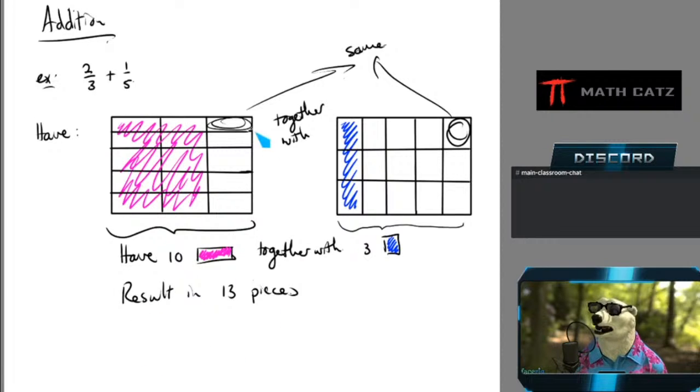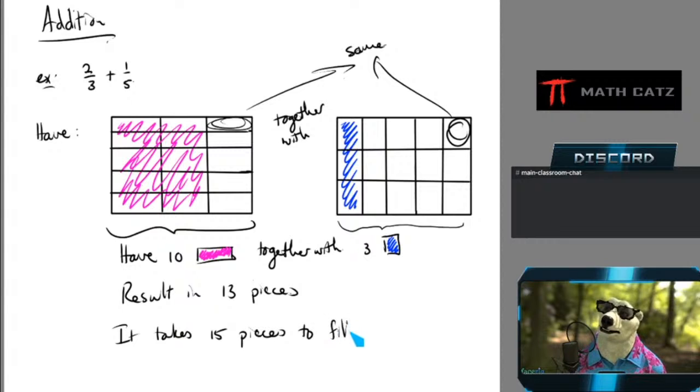So I have 13 pieces, and in terms of a fraction, that's going to be relative to a standard rectangle. For a standard rectangle, I can look at any one of them, just don't look at the color. And I can say it takes 15 pieces, whether they are more square-like or more flat, to fill or make one whole rectangle or pizza or whatever you want to call it.